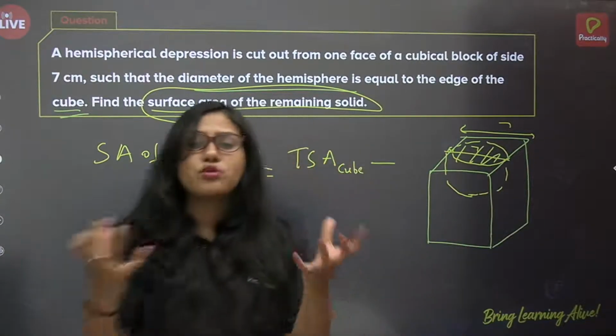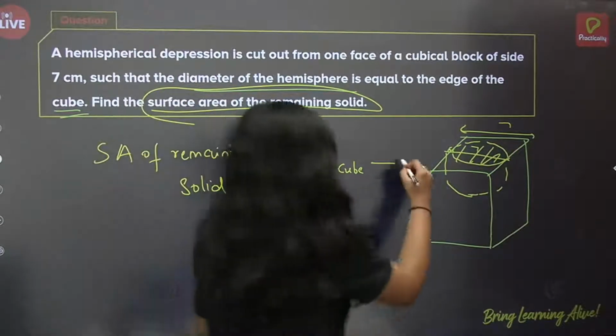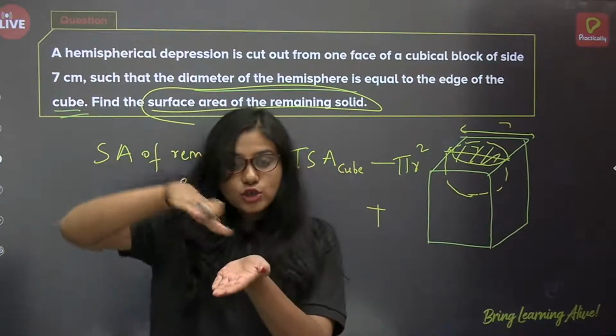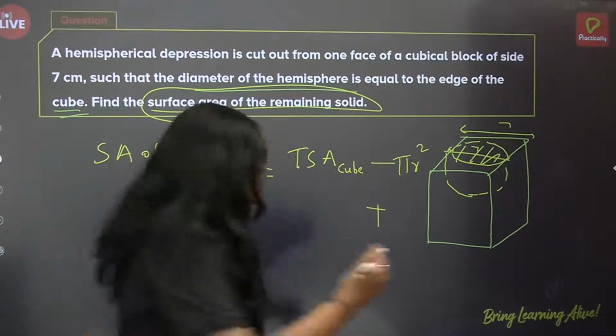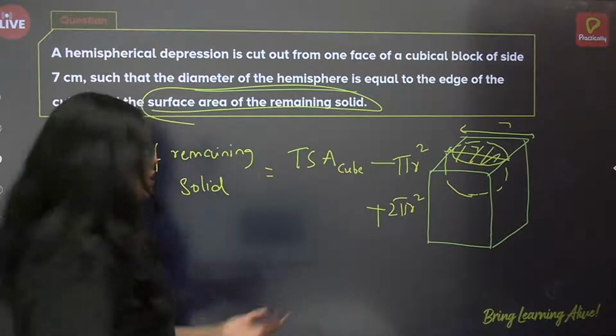Because this part won't be seen when you are calculating the total surface area of the remaining solid. So, minus pi r square plus the CSA of the hemisphere, that is plus 2 pi r square. Right? Easy. Let us do it.